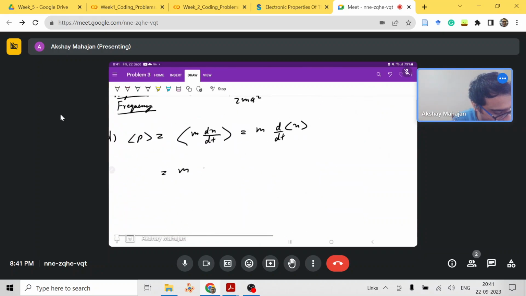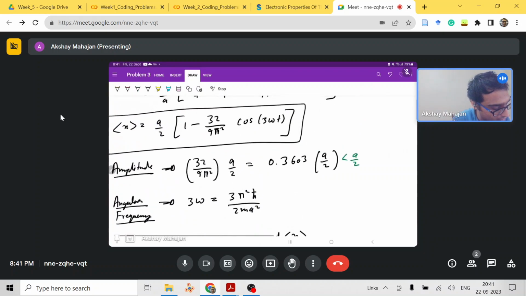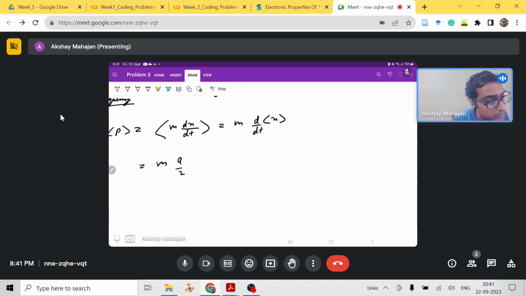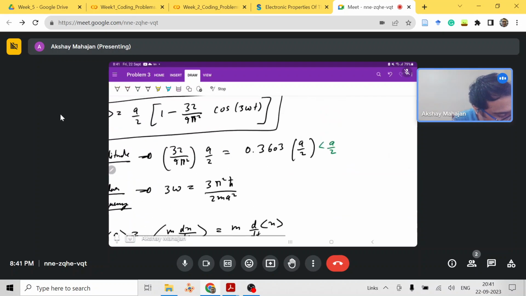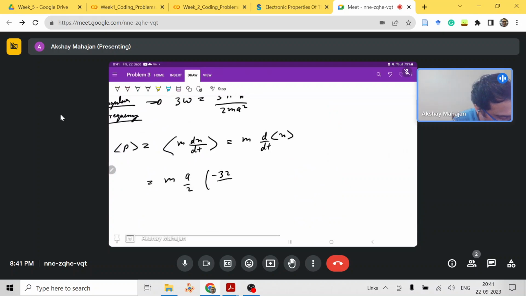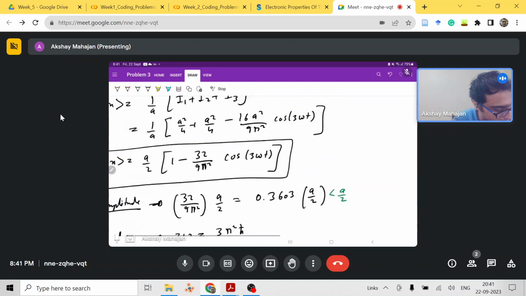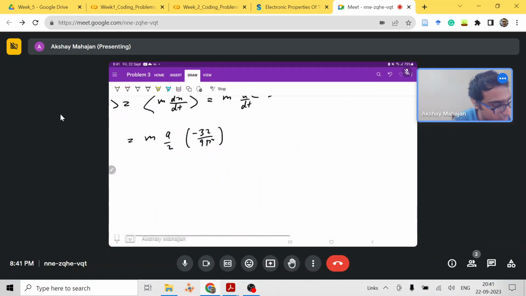So we just have to take this differential with respect to t, so that will be equal to a by 2 times minus 32 upon 9 pi square times the derivative of cos 3 omega t, which will be equal to minus 3 omega times sine of 3 omega t.